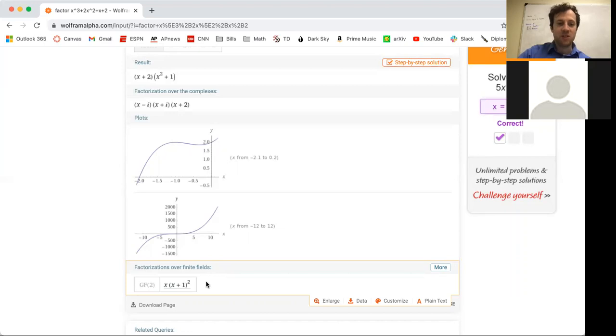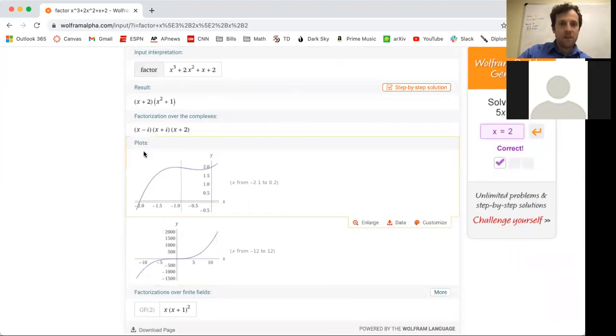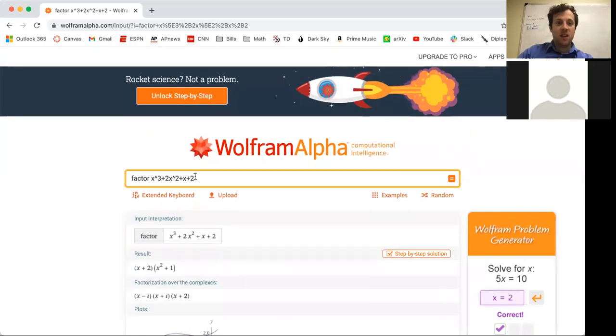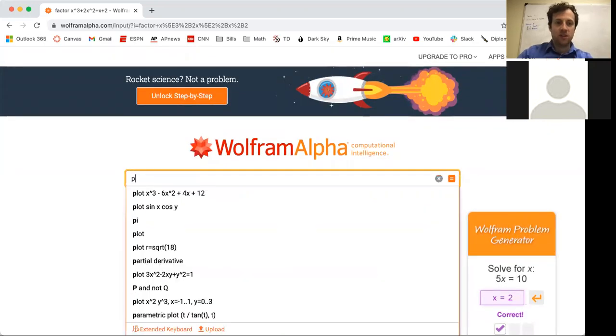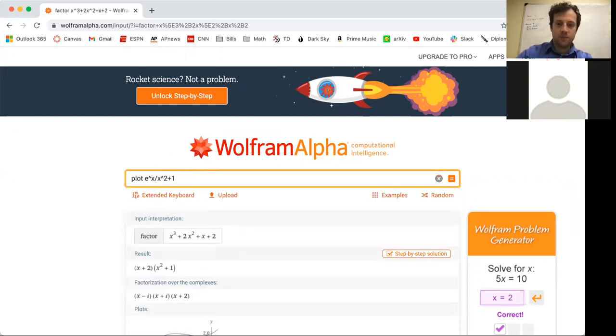So a lot of the pieces we can just ignore. But these two blocks here suggest we can do a lot of graphing within this. And there's a really natural command, plot, and I'll say, let's do e to the x over x squared plus 1.